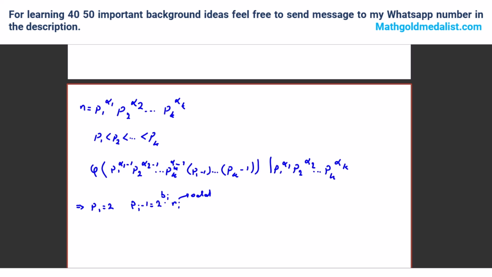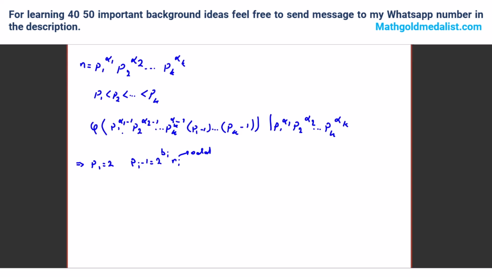And then within that, you can say that the power of 2 will be phi of 2 raised to alpha 1 minus 1, times 2 raised to b1 plus b2 until b_k.